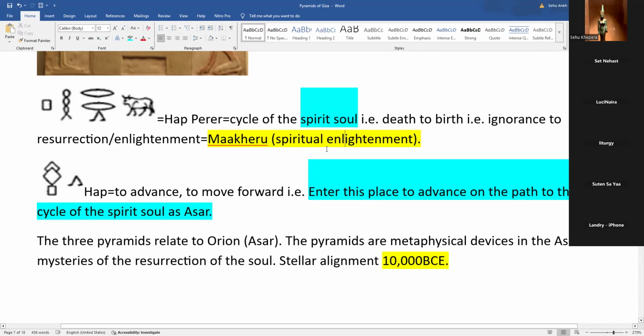So to rectify that condition, and that condition is known as ignorance, to resolve that issue, to bring it to an end, you go through a cycle. You have to cycle back to your essential source. So you're moving from ignorance to enlightenment.